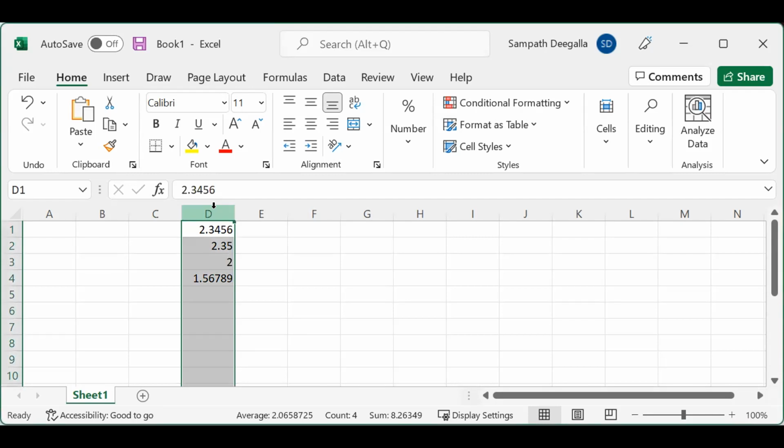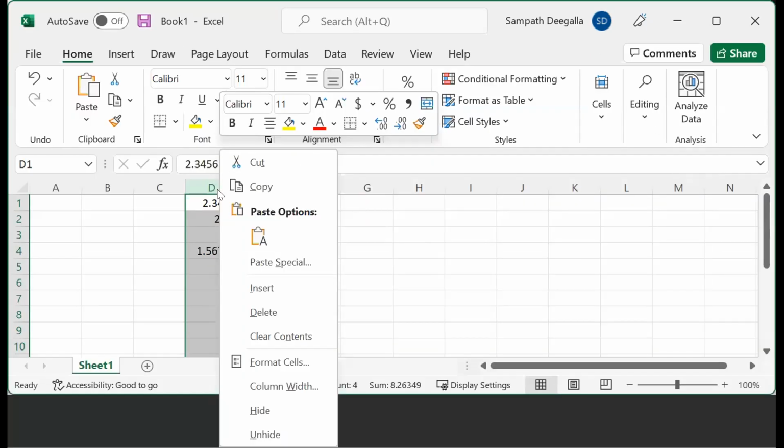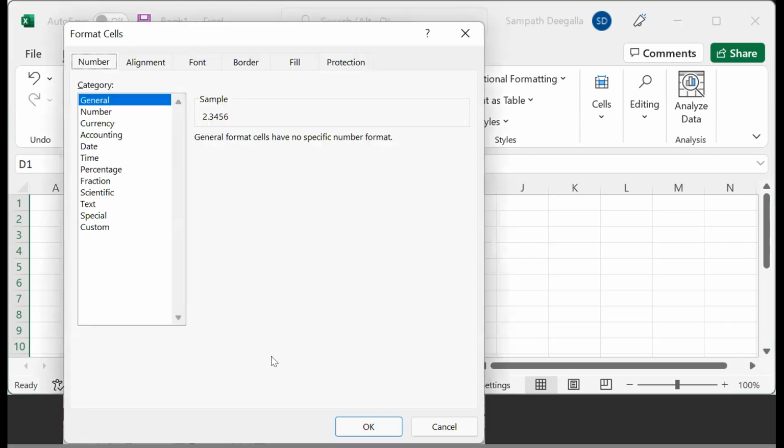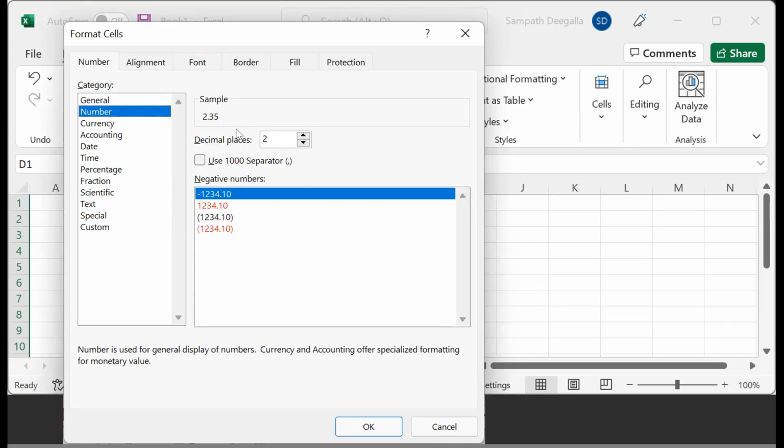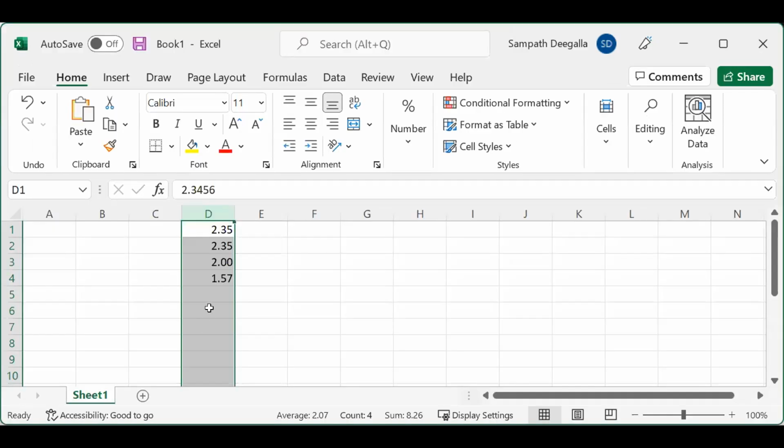First of all, you select the column. So the first step, select column D. Then you can right click and select format cells. That's the first technique. And then you select the category as number. Then you limit the number of decimal places to 2. Click OK. So now you can see all the numbers represented with 2 decimal places.